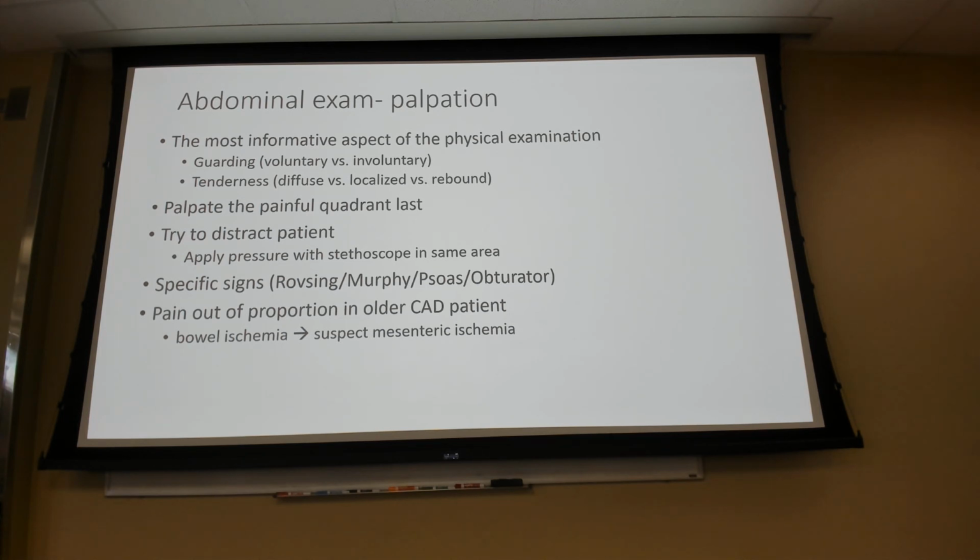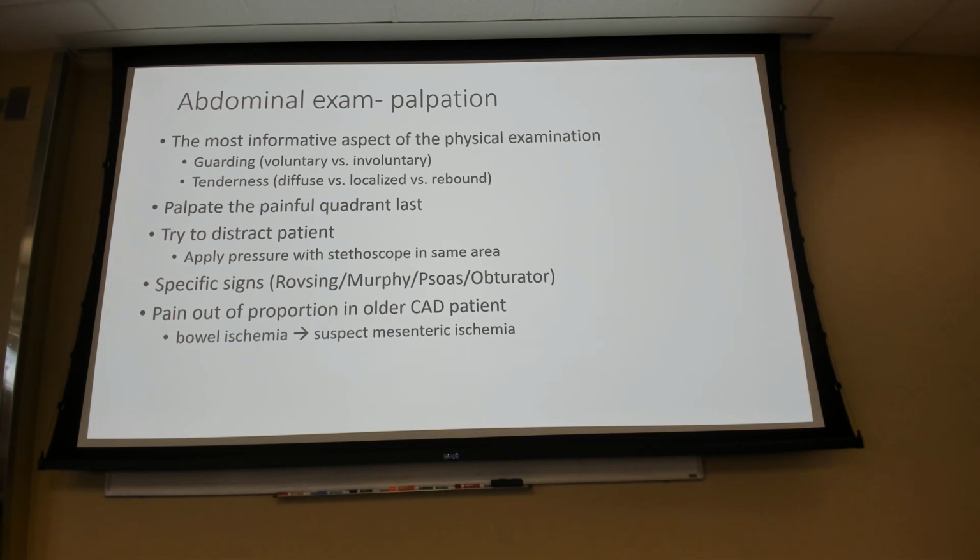And then obviously pain out of proportion in your elderly patients, especially with coronary artery disease, could be some sort of mesenteric ischemia. I know ortho talks about pain out of proportion a lot. You've had other classes, but when you see pain out of proportion, it should cue your spidey senses.